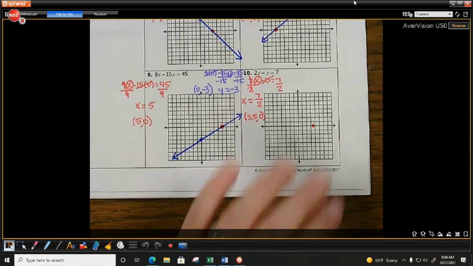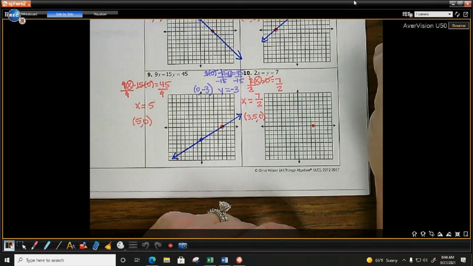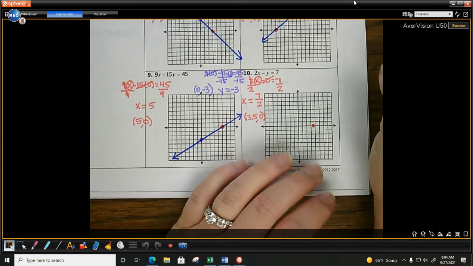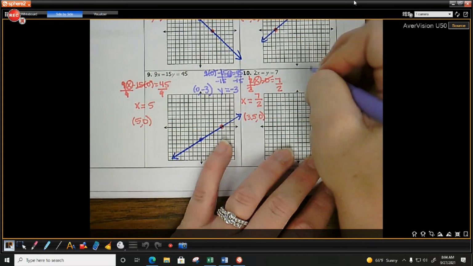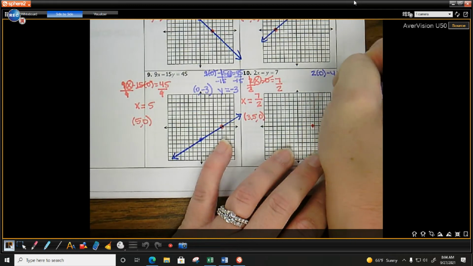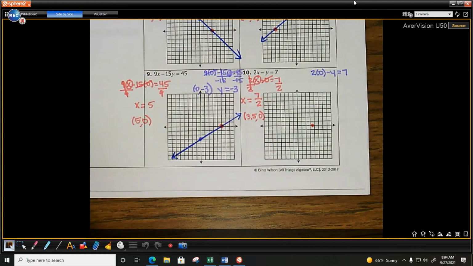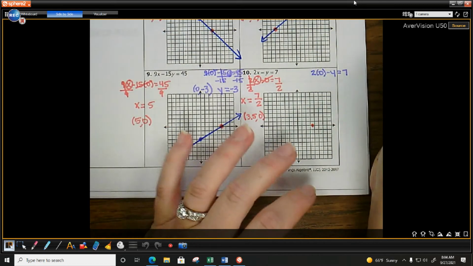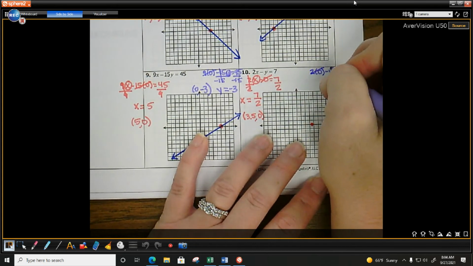Now let's find our y-intercept. To find our y-intercept, what do we do? Replace x with 0. So 2 times 0 minus y equals 7. Okay? So, what's 2 times 0? So I don't need that, but I need my y by itself. It has that negative with it.